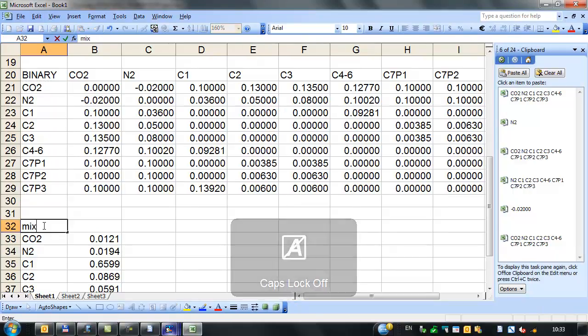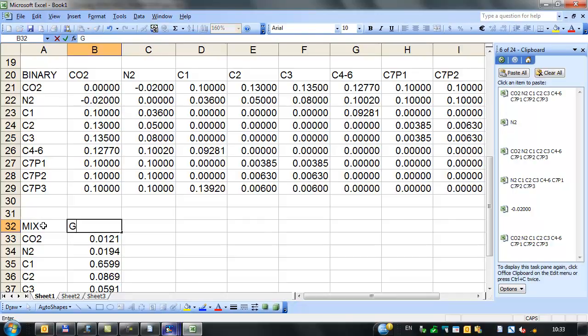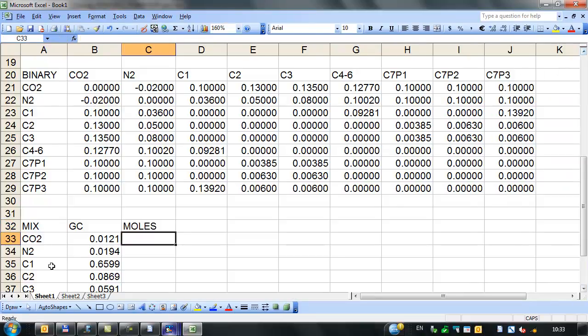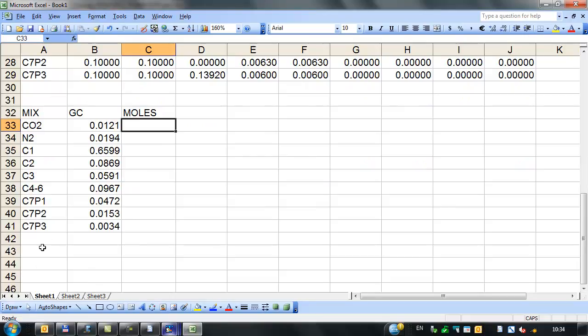I'm going to say mix gas condensate, and we'll say it's in moles just to clarify. Okay. So we've got a tank called GC, is that right? And it's filled with these moles.